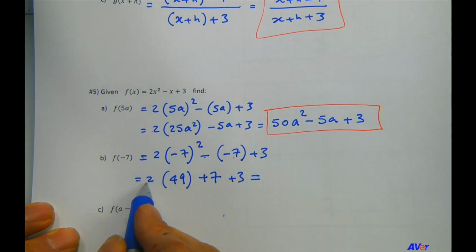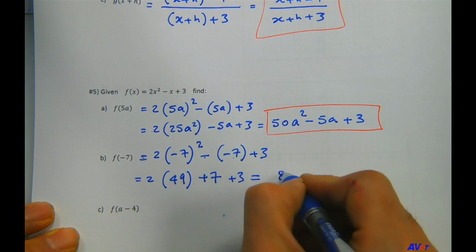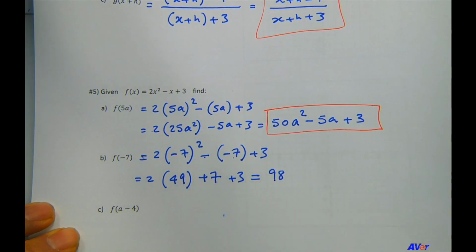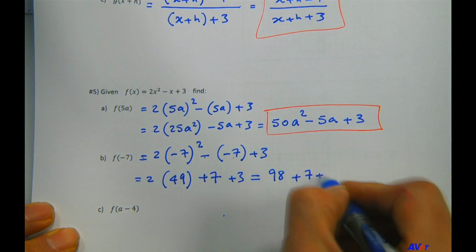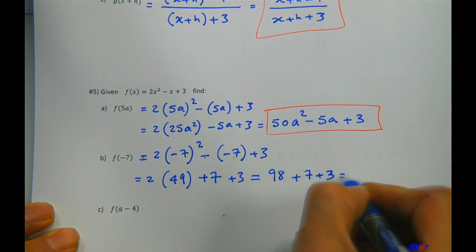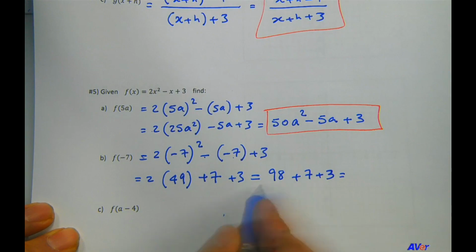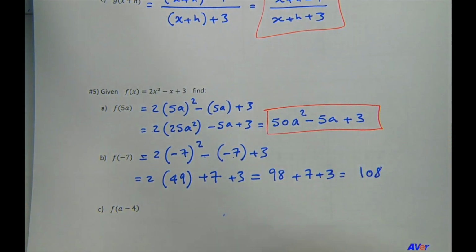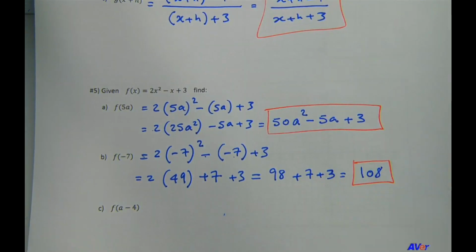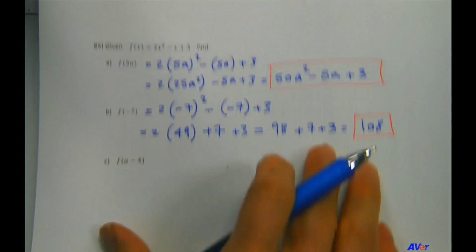So 2 times 49 is 98, plus 7 plus 3. So 3 plus 7 is 10. 10 plus 98 is 108. Like that. I hope this is making sense.